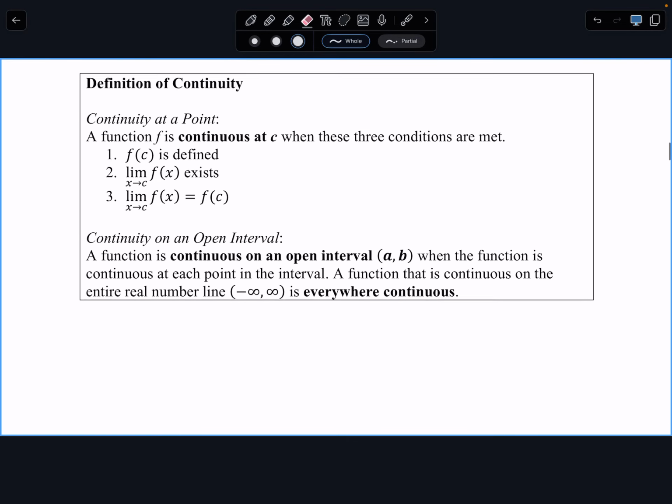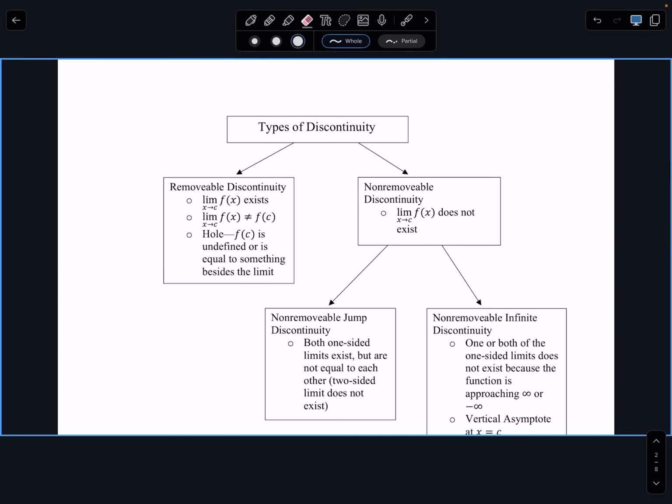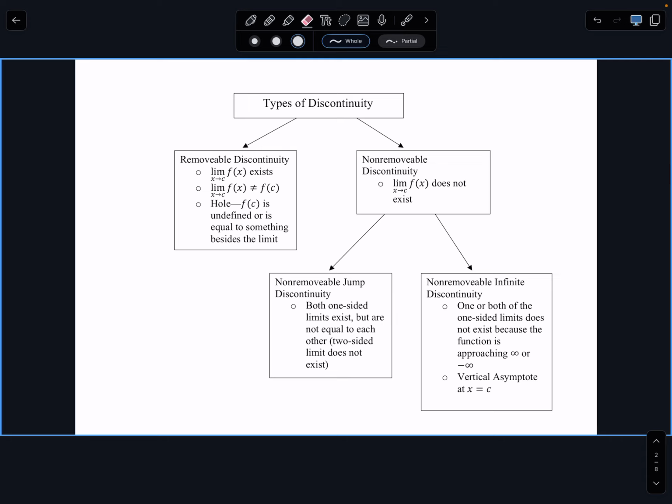Are we doing okay, you guys? This should look kind of familiar. I gave you guys a similar kind of, what would you call that, a flow chart, in pre-calc last year. I didn't say anything about limits; I interpreted the limits, in other words. But remember, there are two types of discontinuities: removable and non-removable.